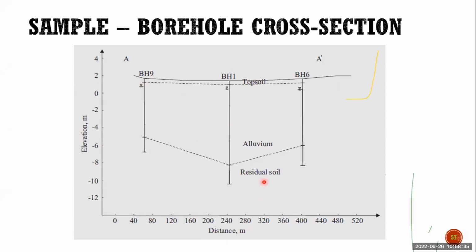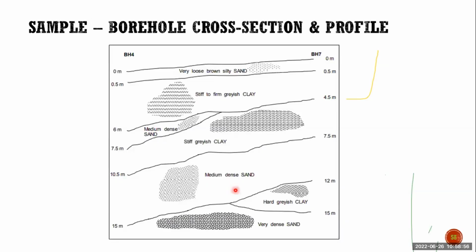Yeah, you can indicate, which gives you an idea how to do your foundation at what level, and where the groundwater is, and you can show everything. You can consider all these parameters for your design of foundations and sizing. Next slide.